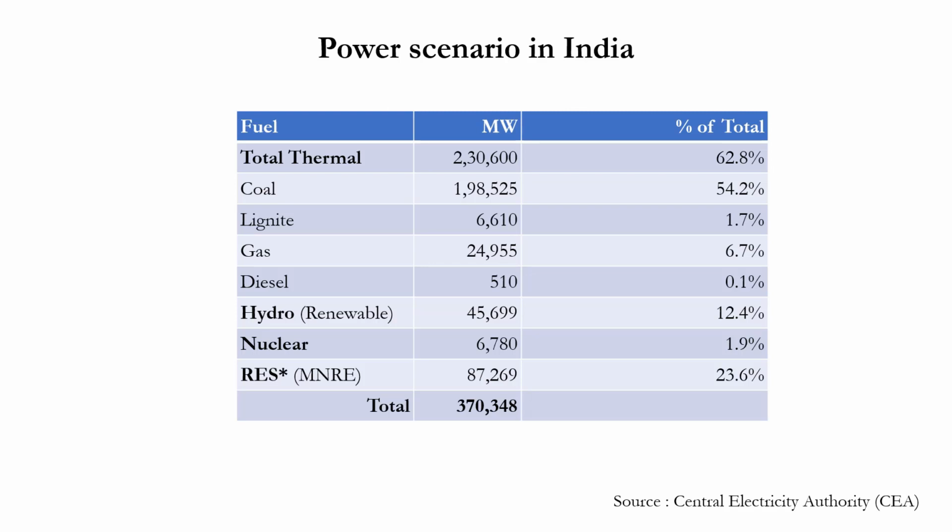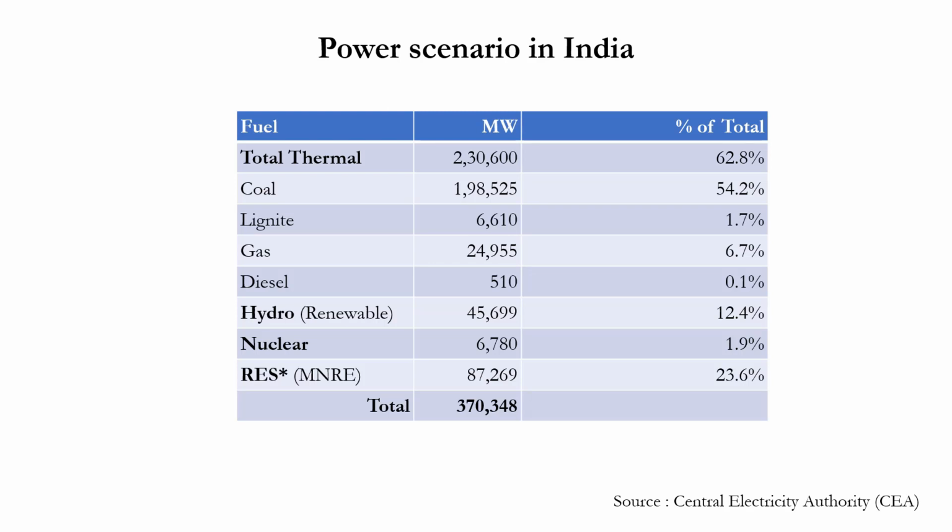The majority of thermal is by coal, which is 54.2 percent. Lignite is 6,610 megawatts, which is about 1.7 percent. Then comes gas, which is about 24,955 megawatts. This is about 6.7 percent of total power. Diesel is about 510 megawatts, only 0.1 percent of total power.